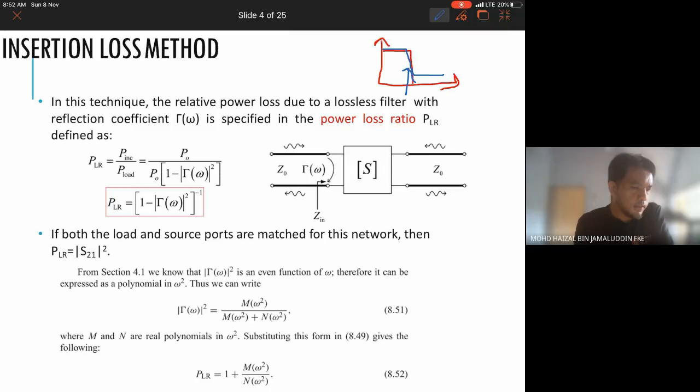If this is 30 dB, then the attenuation continues within minus 30 dB, for example. We have seen the image parameter method in the previous videos, which is usable for some applications, especially at low frequency. But we want to improve more. That's why we introduce this insertion loss method.